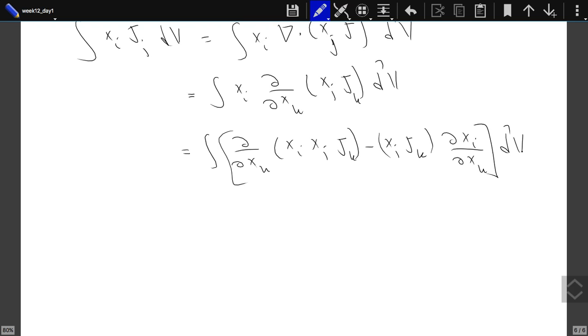But now you see, you have a total derivative integrated, but the integral of a total derivative just gives its values on your boundaries. So since we are looking at the volume integral, the first term just becomes a surface integral. So the first term is actually x_i x_j j dot dS.